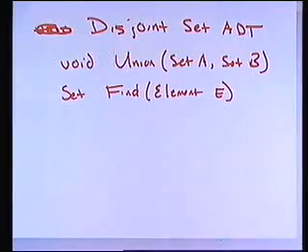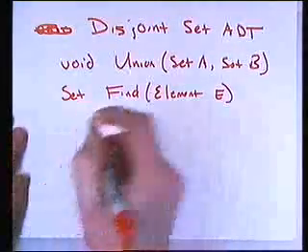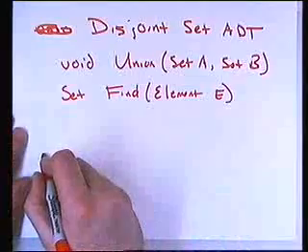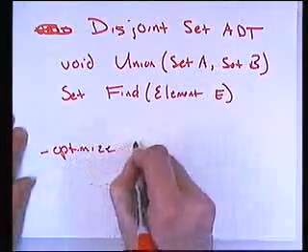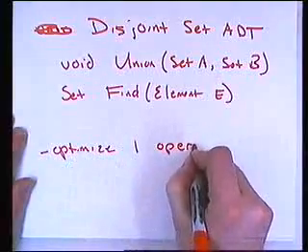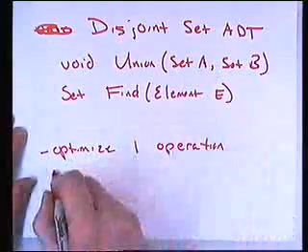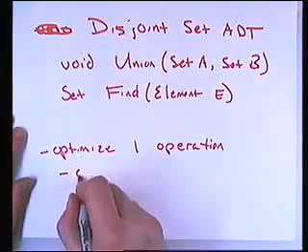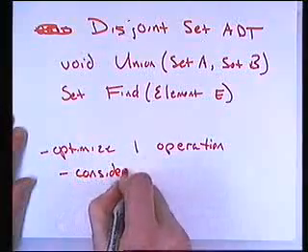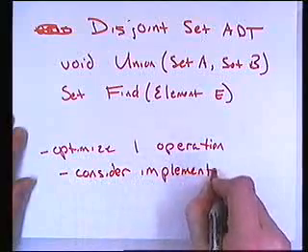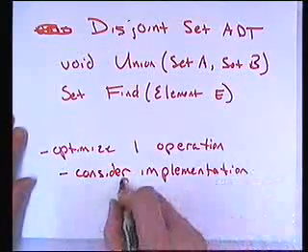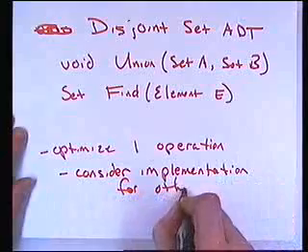We don't have to start that way, but that's one way to do things. Once we've optimized that one operation, we consider an implementation for the other operation.